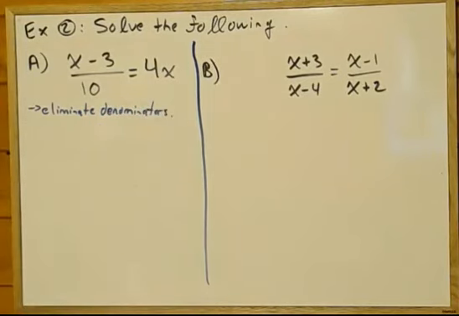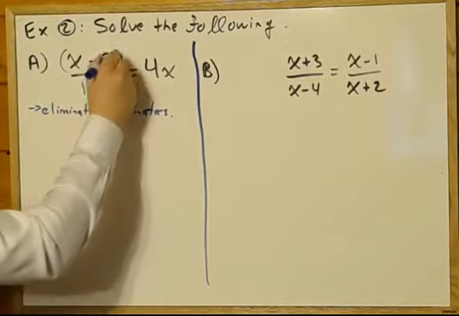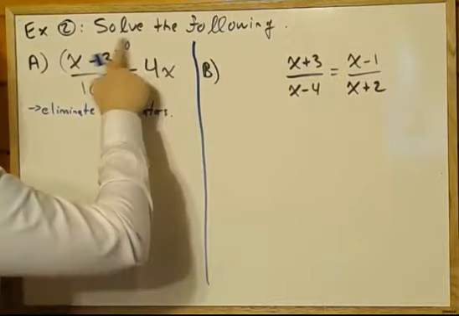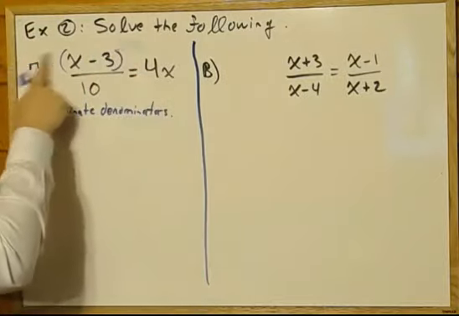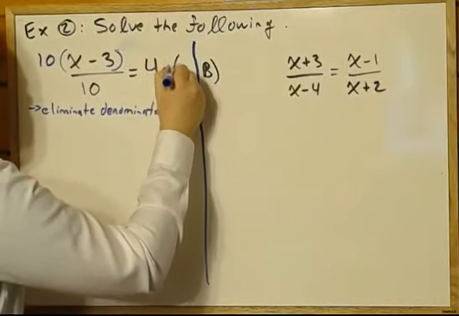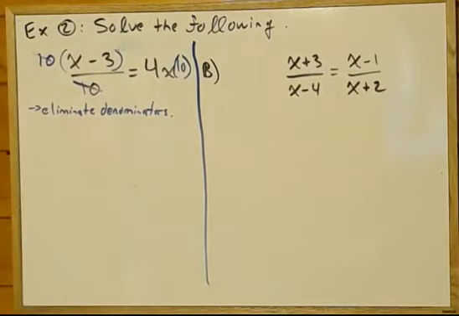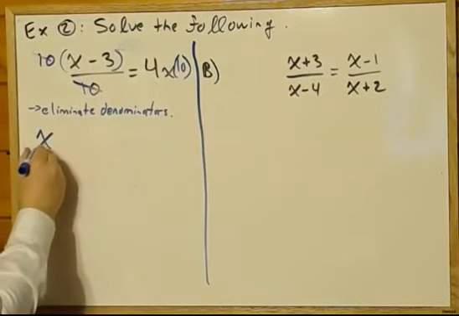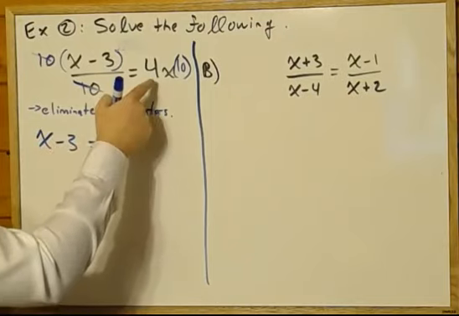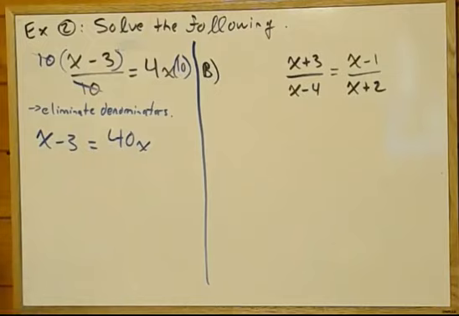Okay, so here, how do I get rid of this dividing by 10? I would multiply both sides by 10. Okay, so this 10 and 10 go away. And what I'm left with is x minus 3 will be equal to 4x times 10 is 40x.